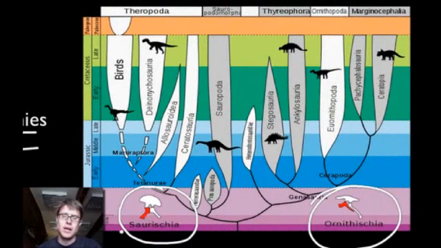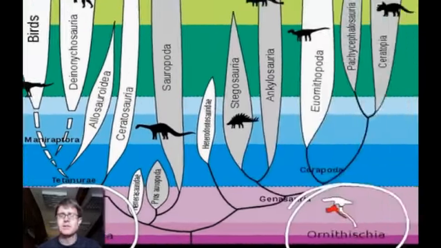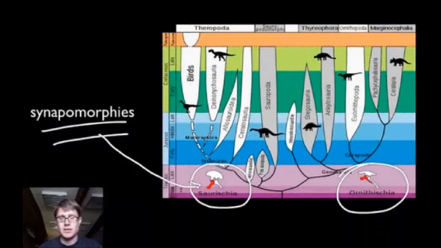Saurischia, if I remember right, means lizard-hipped, and Ornithischia means bird-hipped. So it's a way to branch these groups, and a synapomorphy would be this characteristic. In other words, this hip structure is shared by everything in this clade. The goal is to have a clade that has similar characteristics and also doesn't leave anything out.